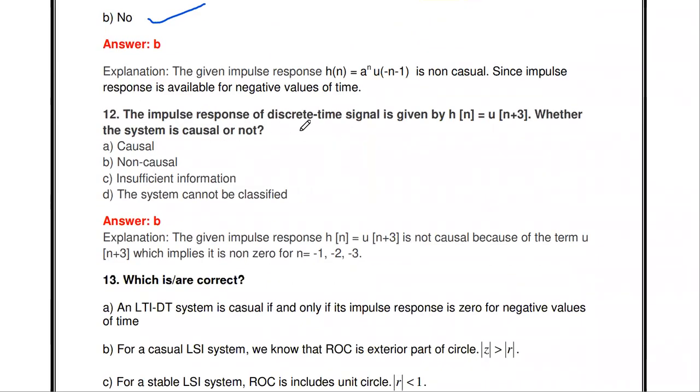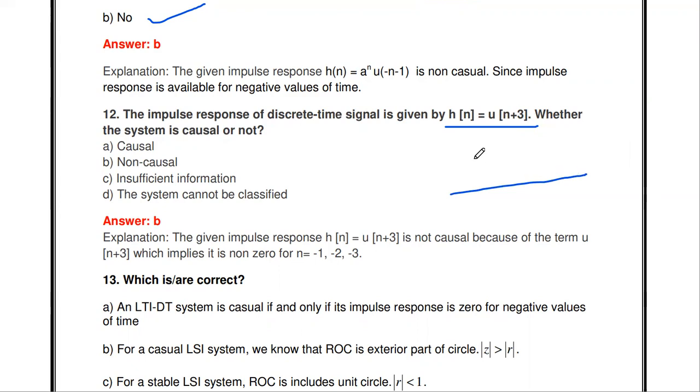Then the next one. The impulse response of a discrete time system is given by h of n equal to u of n plus 3. Is the system causal or not? What is u of n plus 3? It is a time advanced version of u of n.